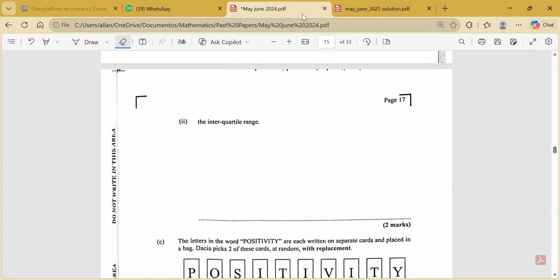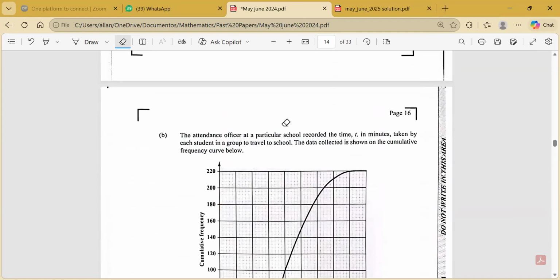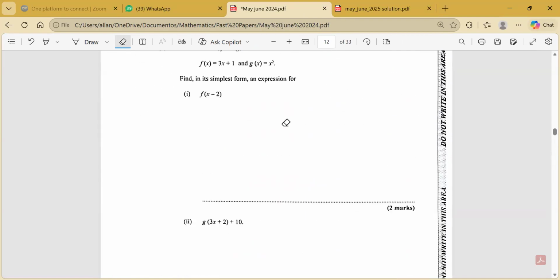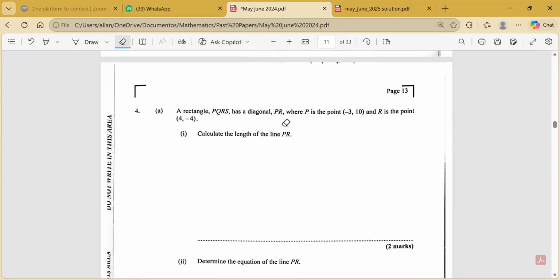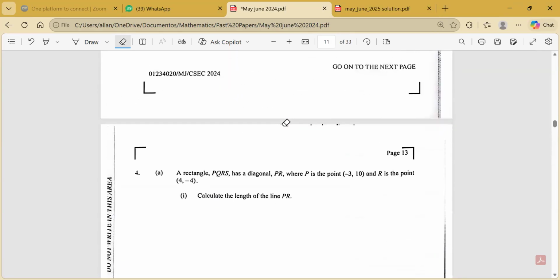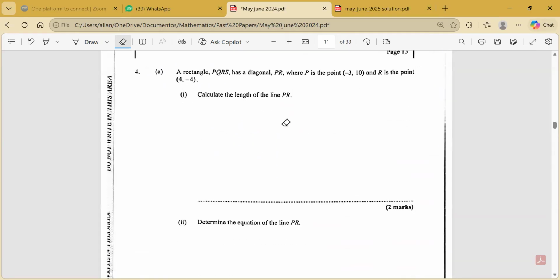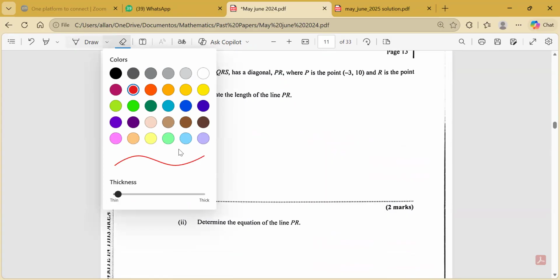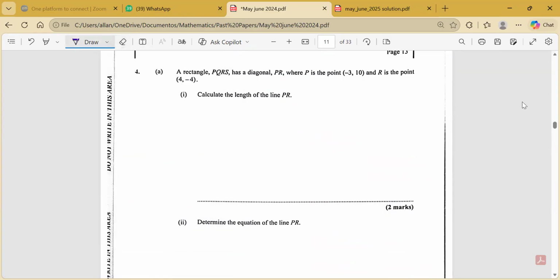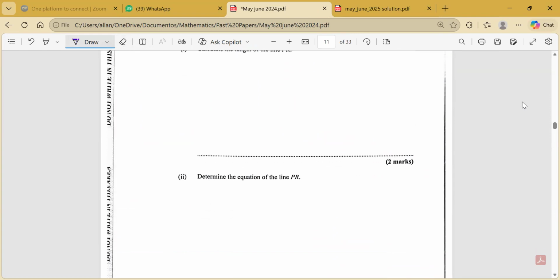But what I want to do now, I want to go to this question. So this is 2024. I think everybody is good with coordinate geometry. Or do you still want us to do it? Or should we skip it?